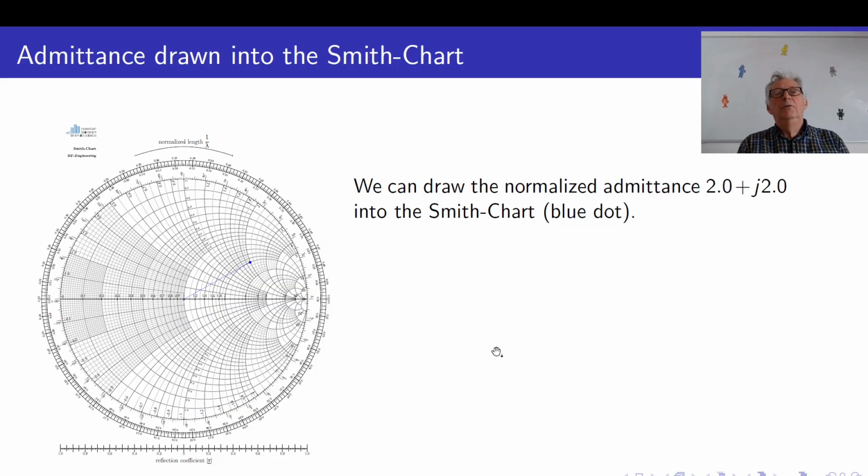So in the first step, we can draw now our normalized admittance in our Smith chart. So here we have our Smith chart, and we have the value 2 plus j2, which means I have to find the real part circle of 2 and the imaginary part circle of 2, and at the intersection point we will have 2 plus j2, so this is just the blue dot here in the Smith chart.